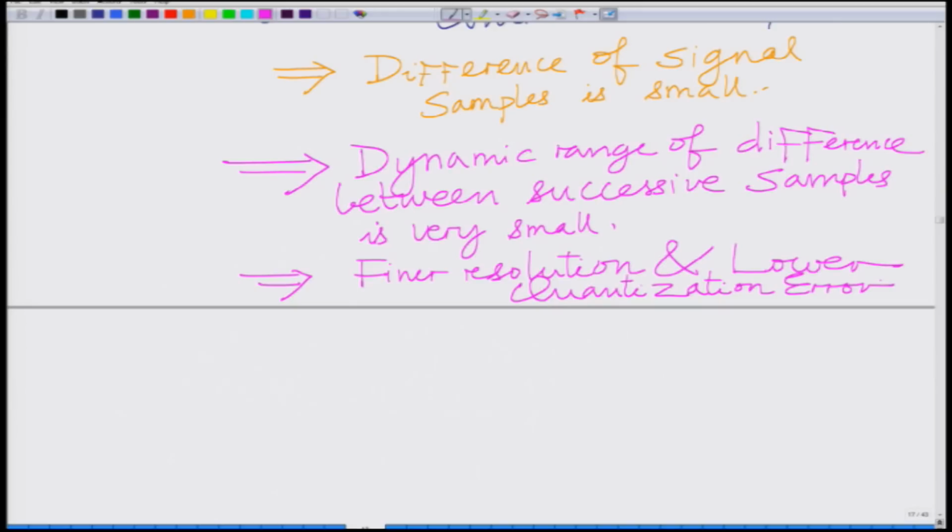If we have a quantizer with resolution of b bits, the number of levels is 2 to the power of b. So, if the dynamic range is large, the number of levels is the same, so the quantization intervals are going to be wider: 2 to the power of b intervals in this large dynamic range.